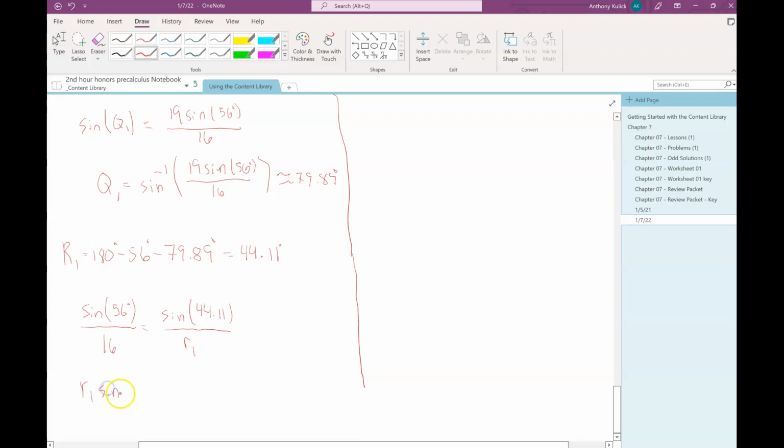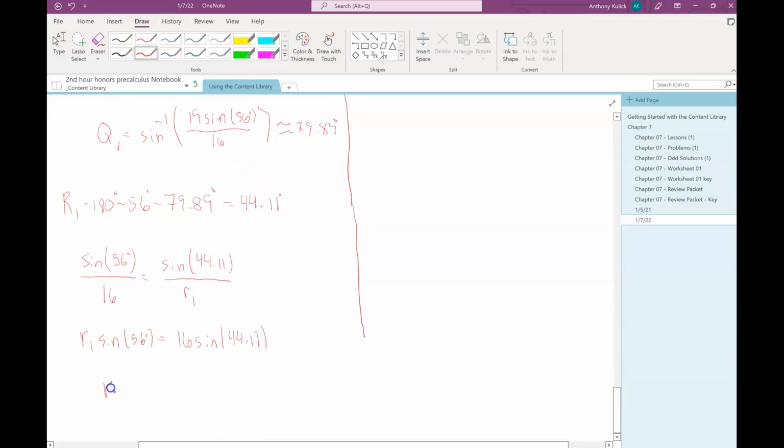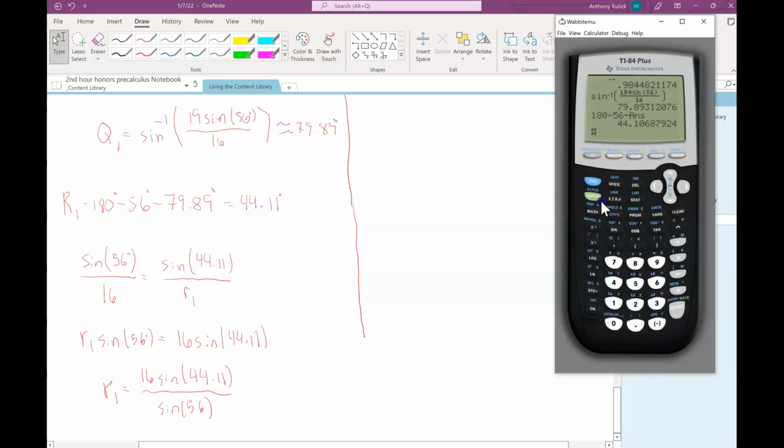Again, we'll cross multiply. And then divide. And then it's calculator time. 16 times sine 44.